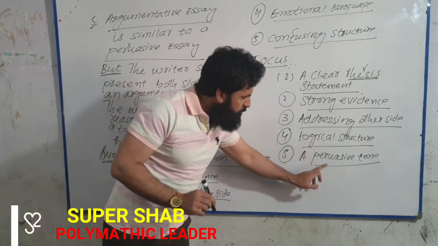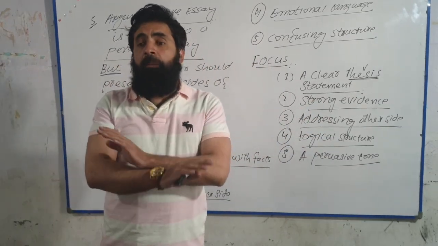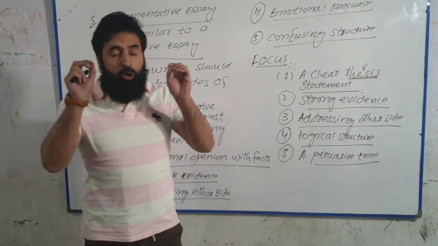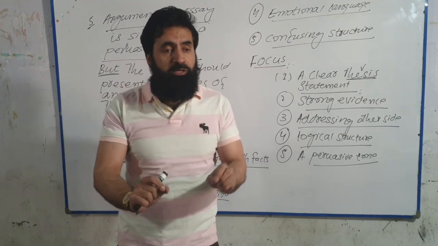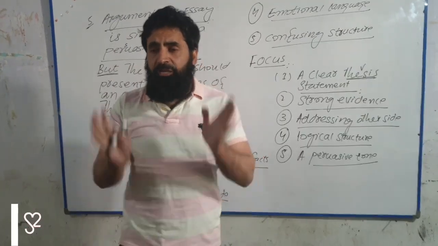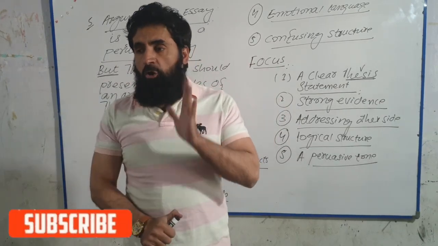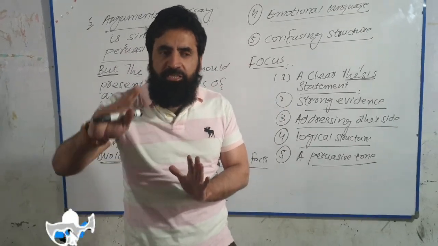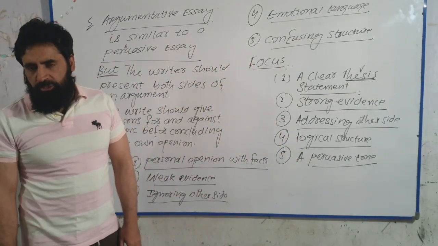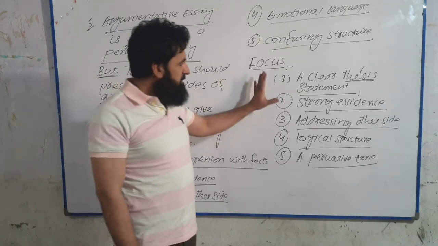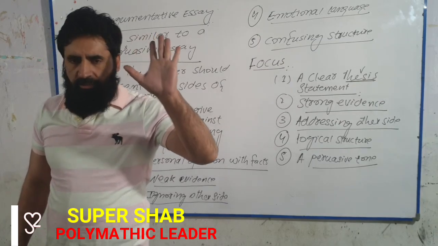While focusing on a persuasive tone, the writer should write in a better way, in a confident and convincing way, to make the reader agree with the writer's opinion, that the writer's opinions are much better than the opposing ones. Do you all understand? So these five things should be focused on while writing an argumentative essay.